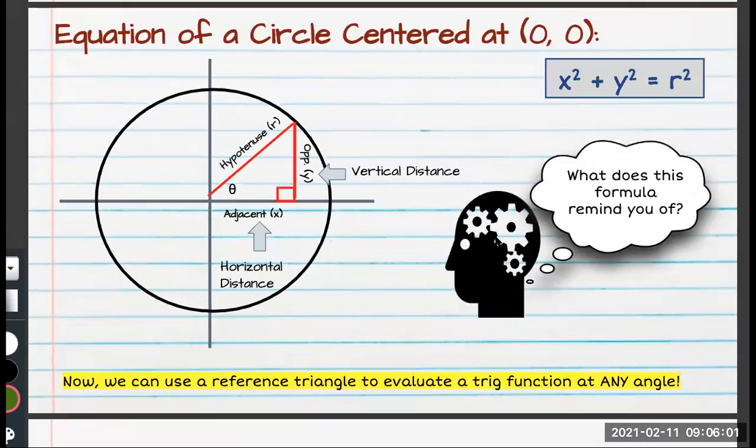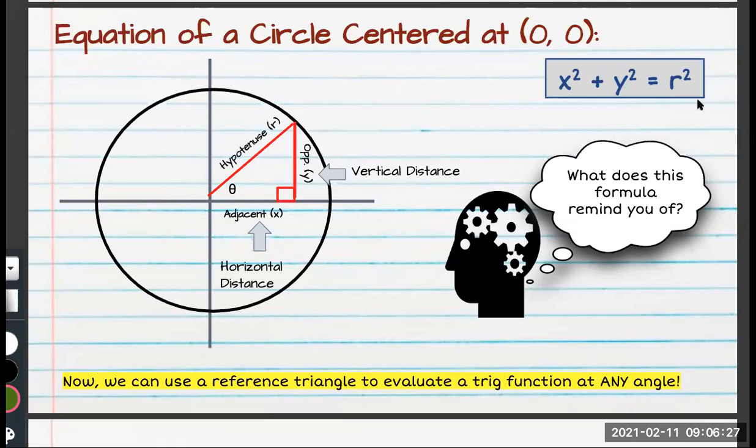Now, let's look at a circle whose equation is centered at 0, 0. Do you remember your circle equation, right? You have x squared plus y squared equals r squared. So this is basically the equation of a circle.